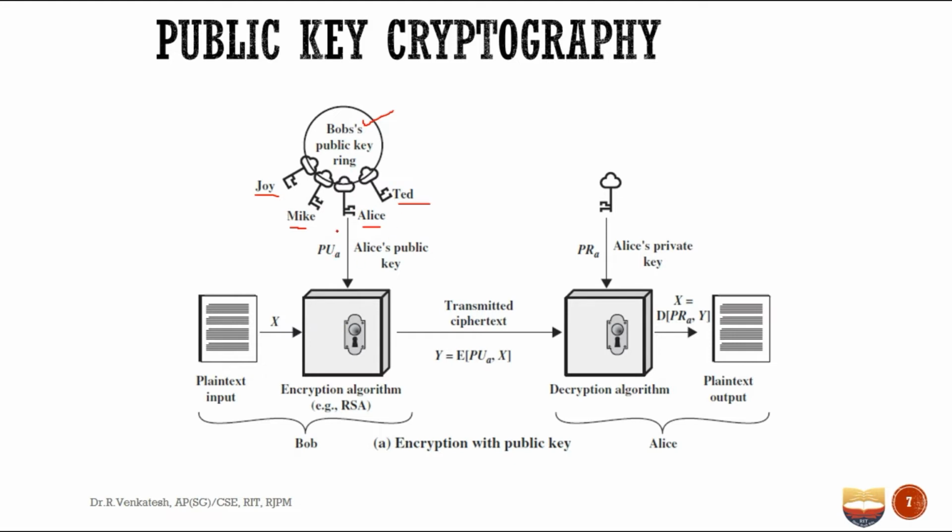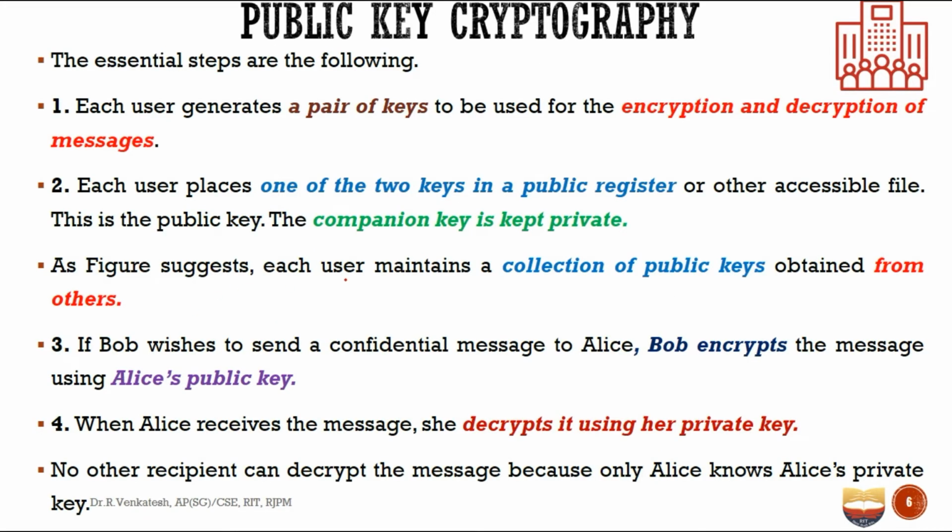As the figure suggests, the user maintains a collection of public keys obtained from different users. Now, if the sender Bob wishes to send a confidential message to Alice, Bob encrypts the message using Alice's public key.